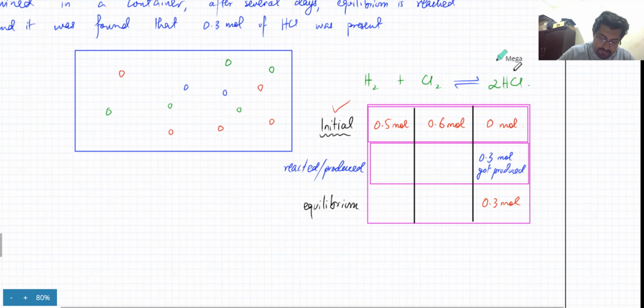According to the 2 to 1 ratio, if 0.3 are getting produced, then 0.15 moles of Cl2 and 0.15 moles of H2 must have reacted. That's the only way HCl could have been produced. So 0.3 moles got produced when 0.15 of Cl2 and 0.15 of H2 reacted. So I'm going to add that: 0.15 moles must have reacted.